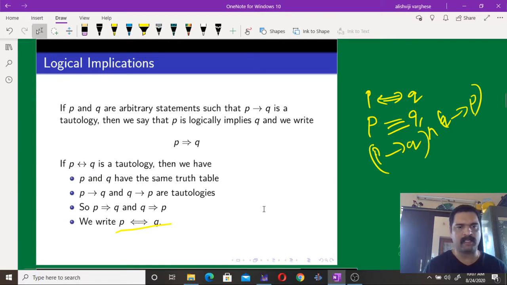In that case, we write P implies and is implied by Q, or P is equivalent to Q.